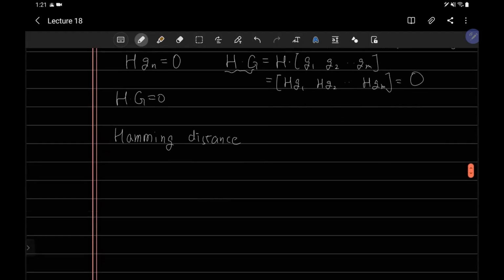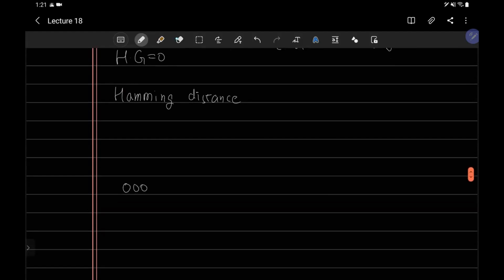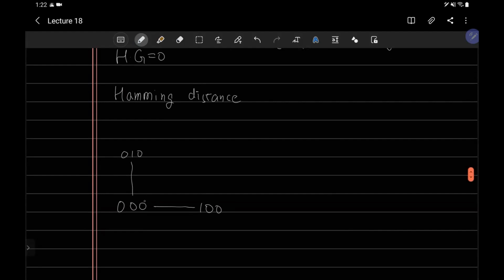In my example, I was using the code words 000 or 111, and let's see what happens if I have any bit flip error in one of these bits. So 000, and if the first bit is flipped, then it will be 100, and if the second bit is flipped, then I will have 010, and if the third bit is flipped, then I will have 001.